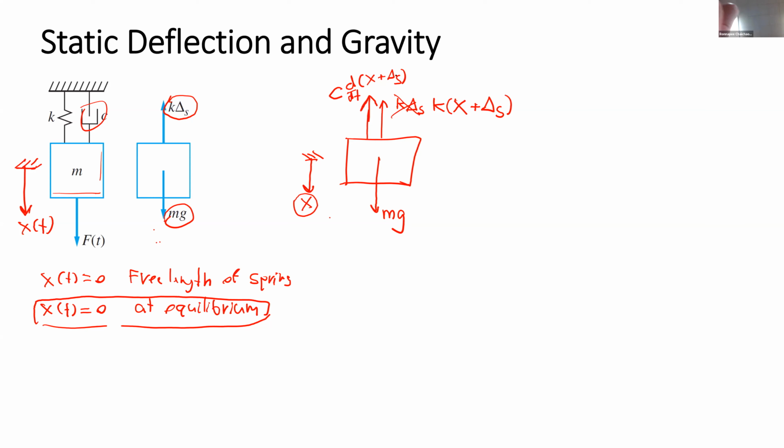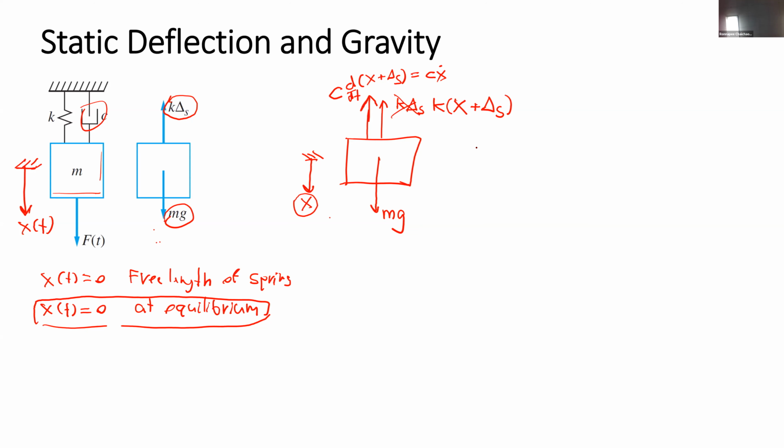But the static deflection is a constant. So d by dt of the static deflection will be 0. So what you get is c x dot. You don't have this term because d by dt of the static deflection will be 0.